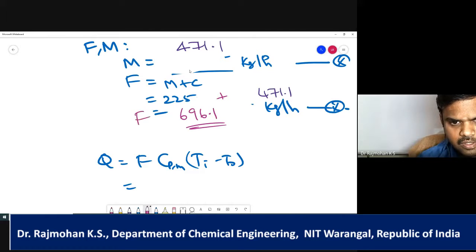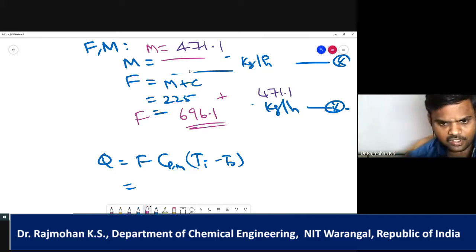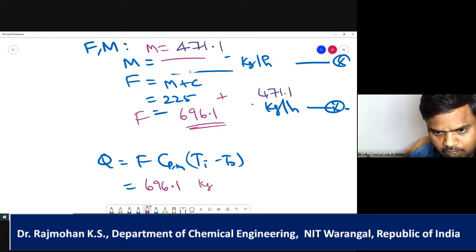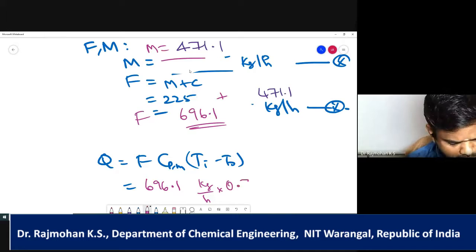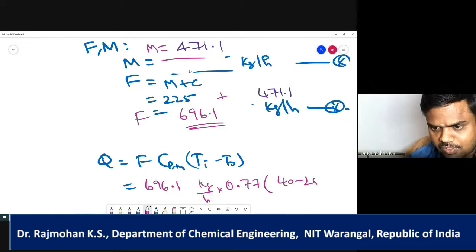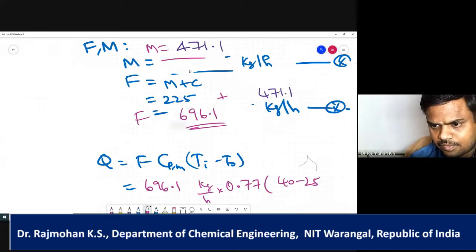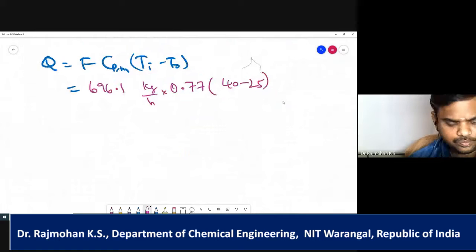Okay, check it, whatever value you get, you substitute. F equal to 696.1 kg per hour into Cp, which is given. What is that? 0.77 into Ti minus T naught, which is 40 minus 25. So what is the value?